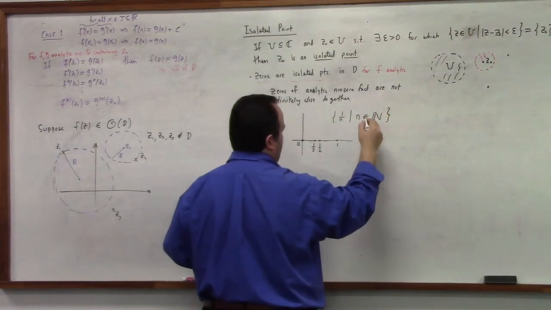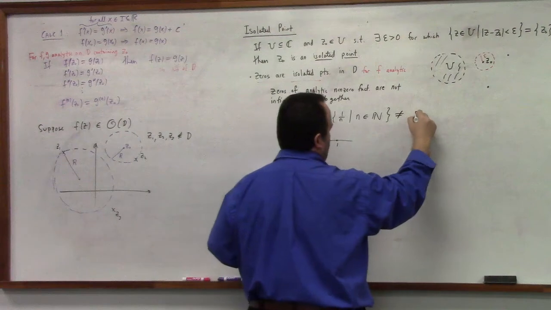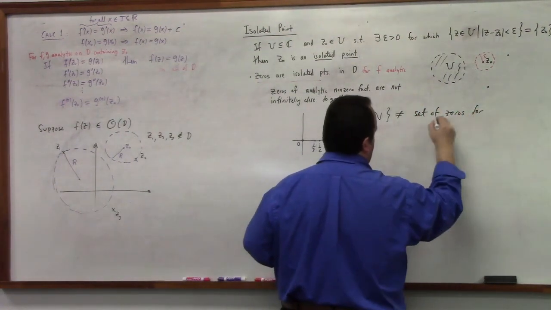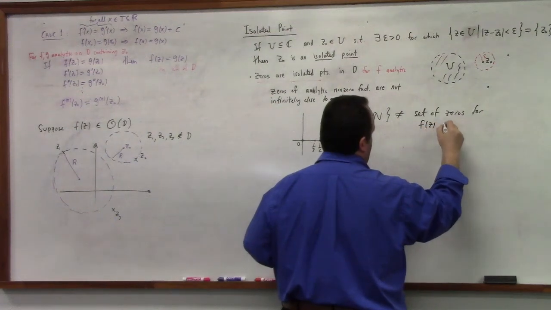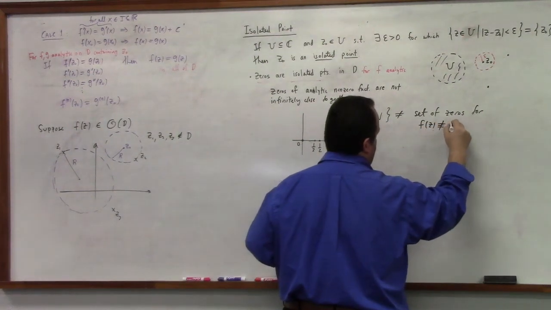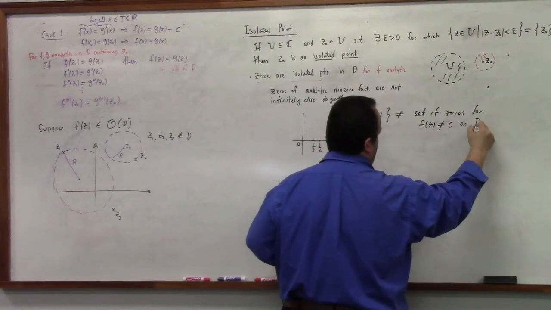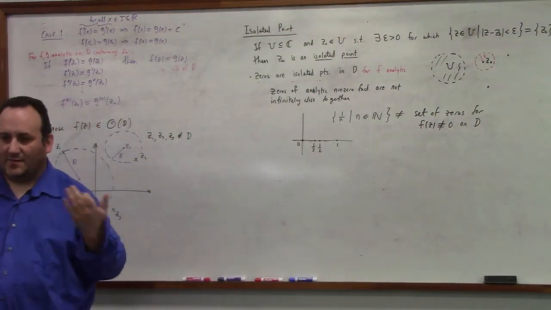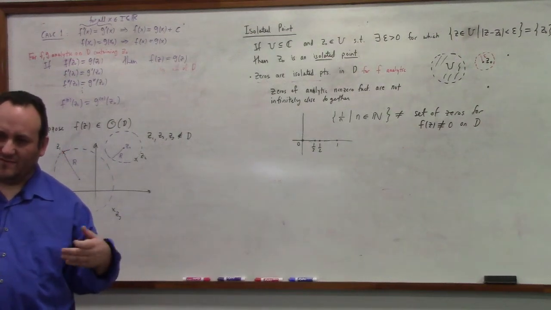This could not be a set of zeros for f of z not identically equal to 0 on D. I say non-zero function, I mean it's not the zero function. Of course, the zero function has the whole complex plane as its set of zeros.